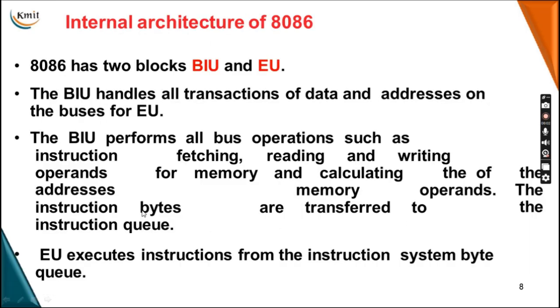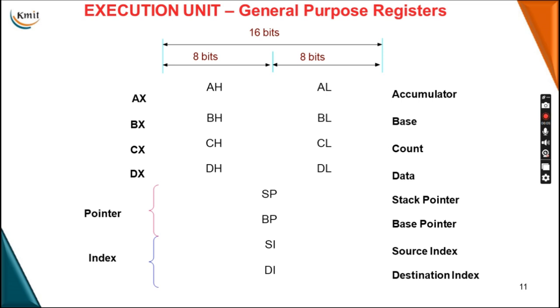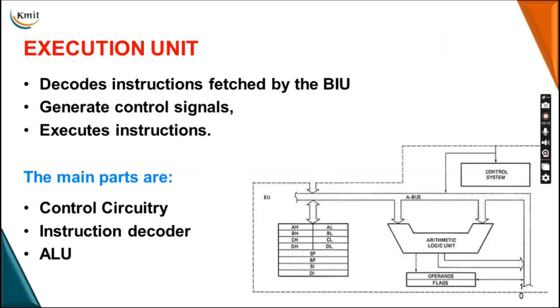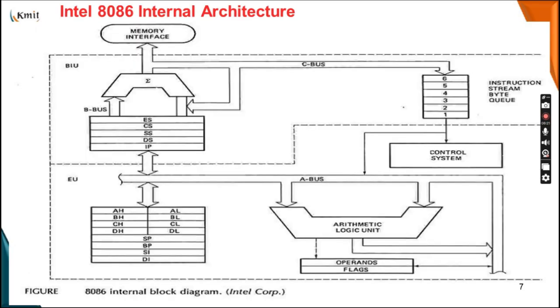Coming to the third, we have the pointer and index registers. And the fourth one is the flag registers. So we have four register groups in the 8086 processor.